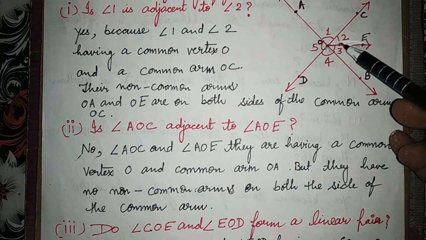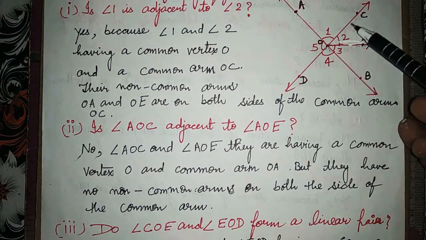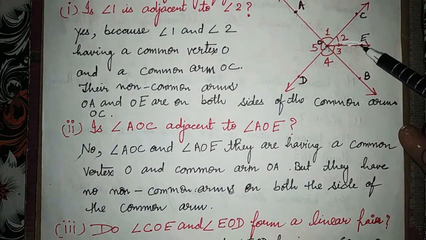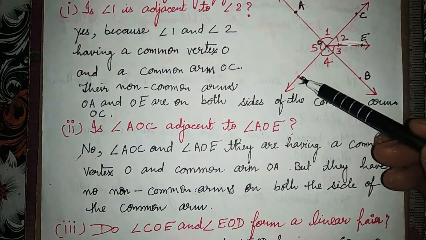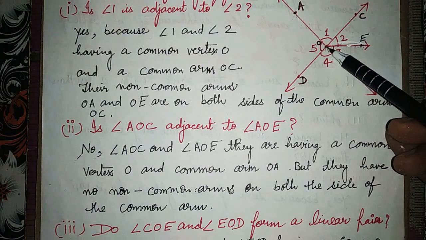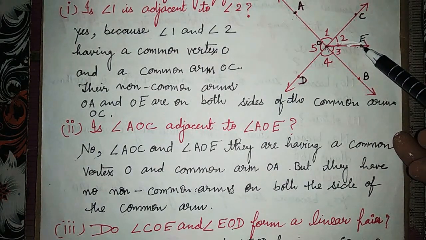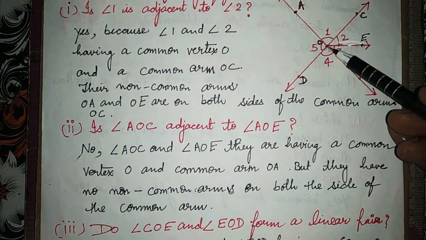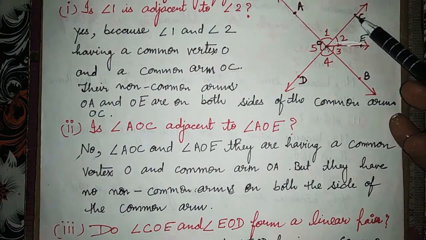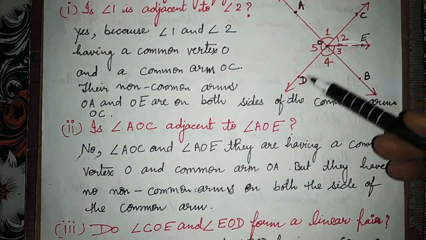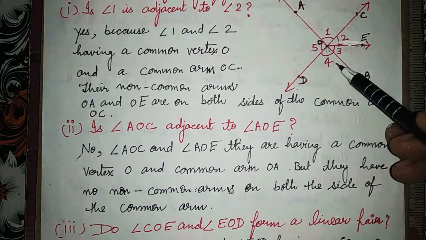So your answer will be yes, angle COE and angle EOD have a common vertex O and a common arm OE, and their non-common arms OC and OD are opposite rays.